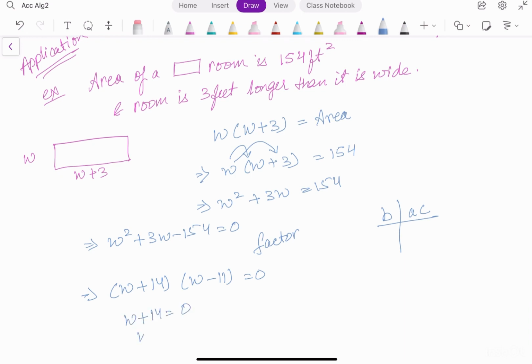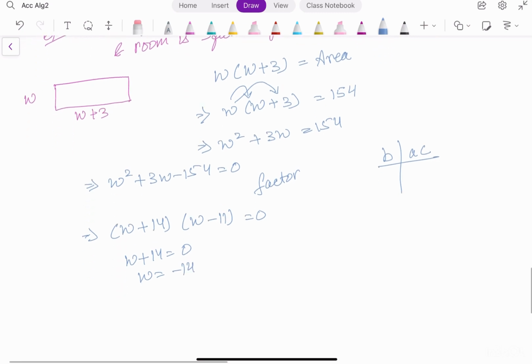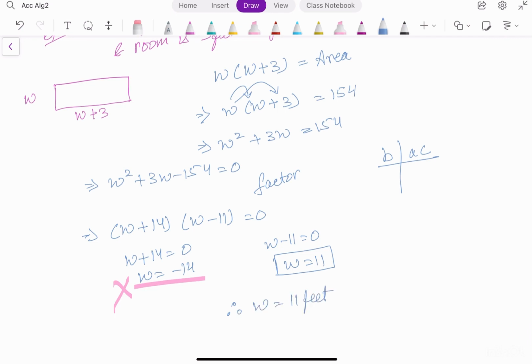So let's put both the factors equal to 0 to get the value of w. So we have one value as negative and the another value as positive. Do you think we can have a negative dimension of a room? No. So this is extraneous solution and we will reject it. So the only solution that we are looking for is the width is 11 feet. So w is 11 feet.